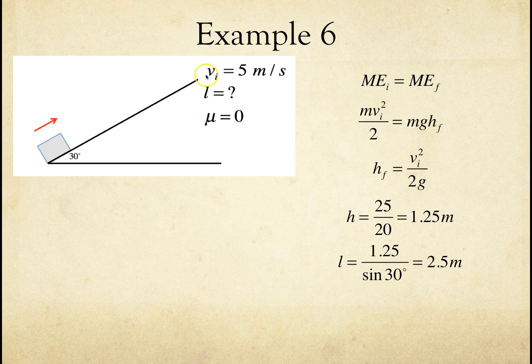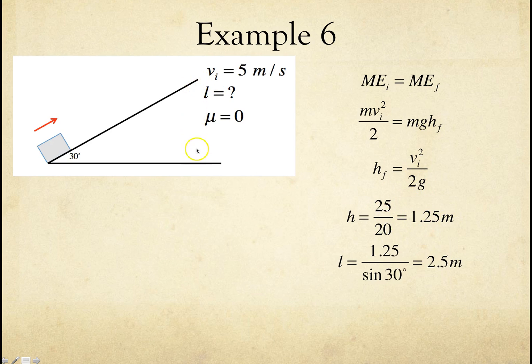So then cancel mass, and I don't need to multiply by 2 because I'm not looking for velocity, I'm just looking for H. So all I need to do is cancel mass and divide by G, and I end up with height final equals V initial squared over 2G. So V initial was 5, so that's 25 over 2G, which is 20, gives me 1.25 meters.